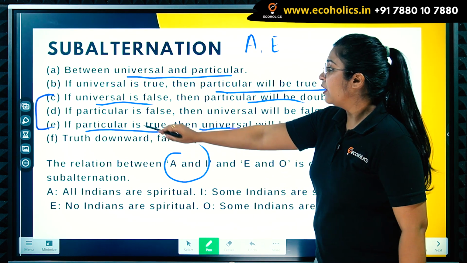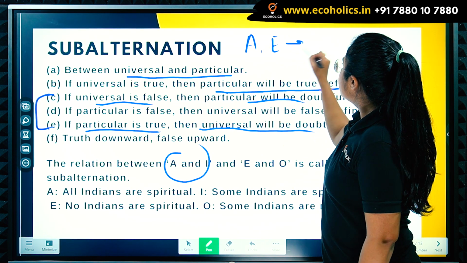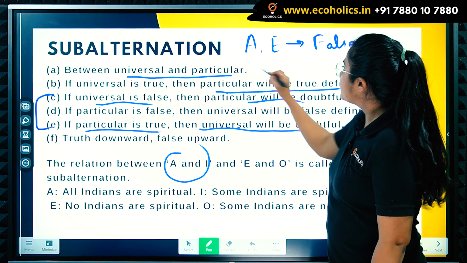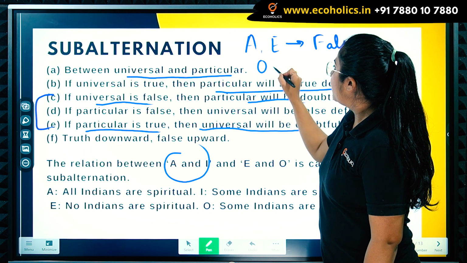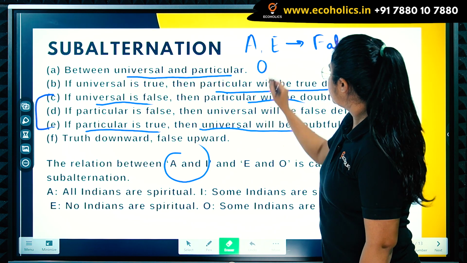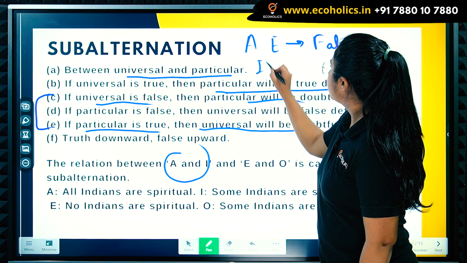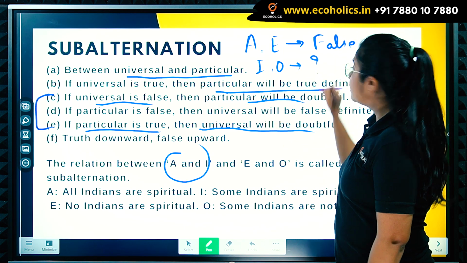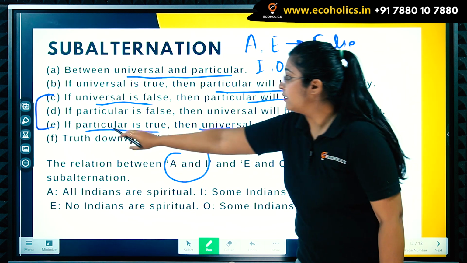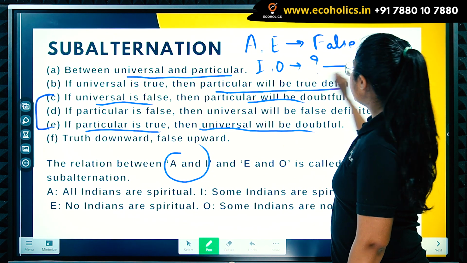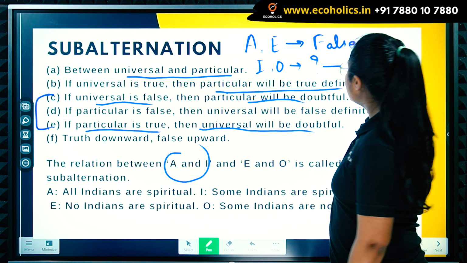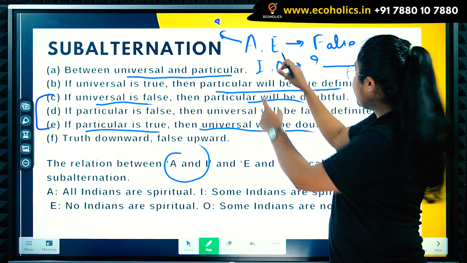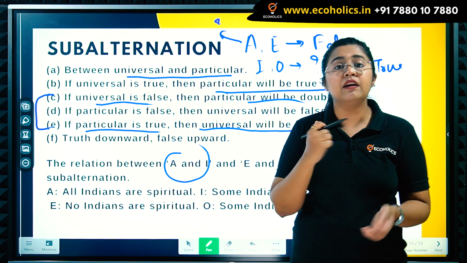If universal is false, then your I and O type of sentences, the particular ones, will be doubtful. And if particular is true, then universal will be doubtful. So this type of correlation definitely has to be understood.